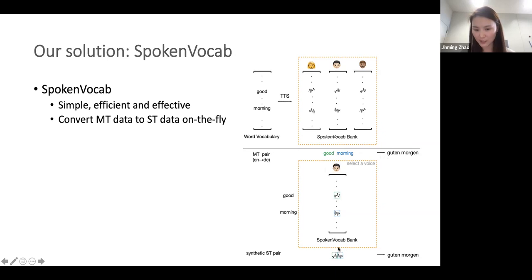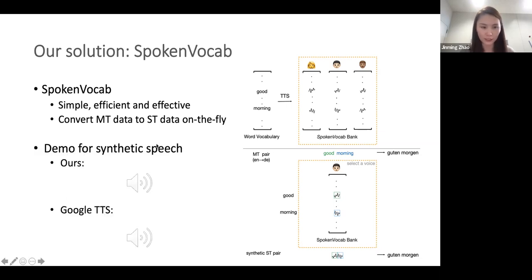This is our synthetic speech. Pairing it with the corresponding translation sentence, we will then have a synthetic ST pair. During the training process, we mix real ST pairs with the synthetic ST pairs and then train systems with them together.